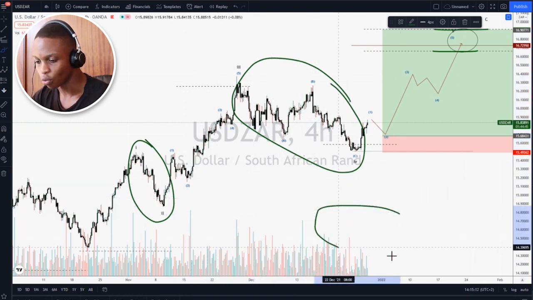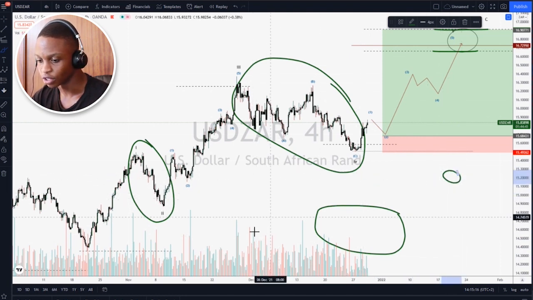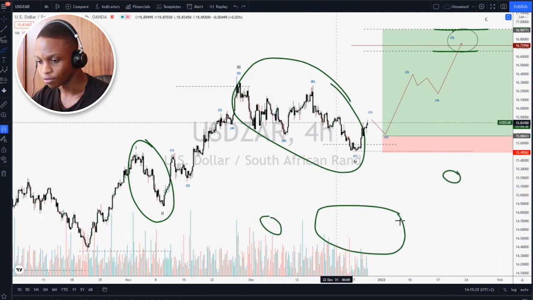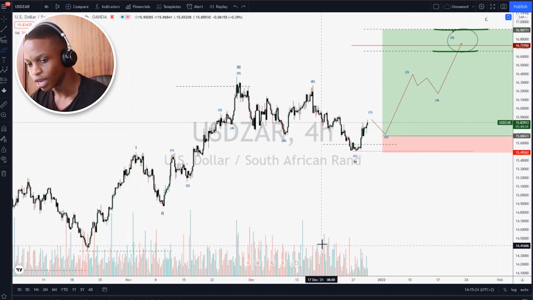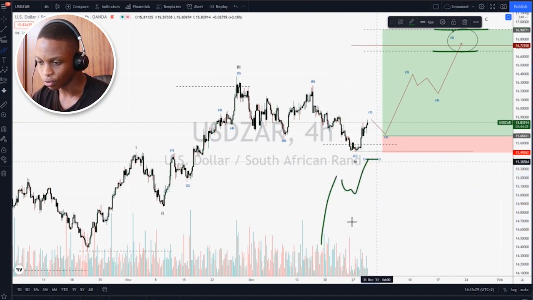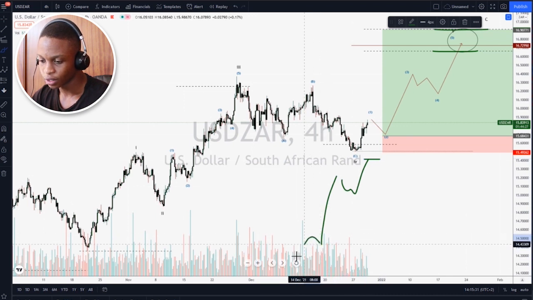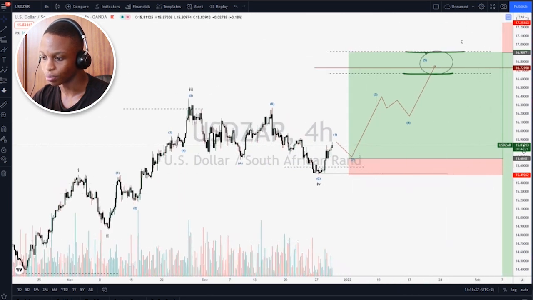If we have a long wave 2, we will have a very shallow wave 4. If we have a very shallow wave 2, we have a very long wave 4, and so on. And if we have a very long wave 3, we usually have a shallow wave 4 and a shallow wave 5. Okay, so these are the principles.